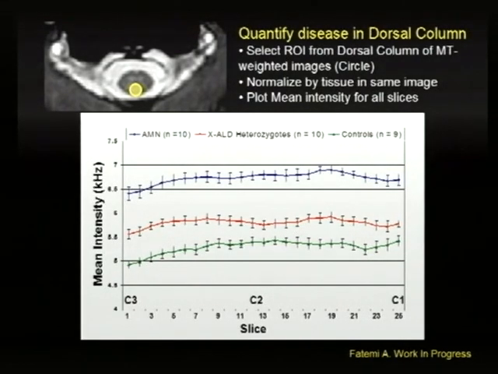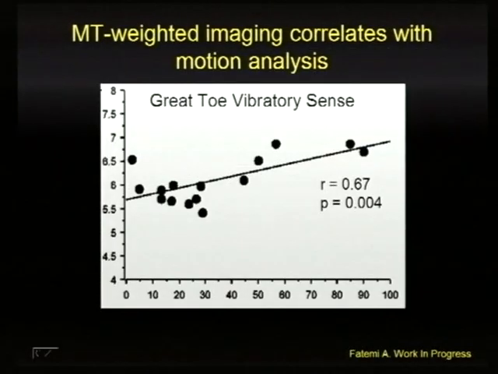And this is what happens in women who are carriers for the illness. The carriers have a moderate form of the illness. These differences are absolutely statistically significant. And furthermore, the degree of abnormality correlates with the degree of involvement of the dorsal column as measured by vibration sense.